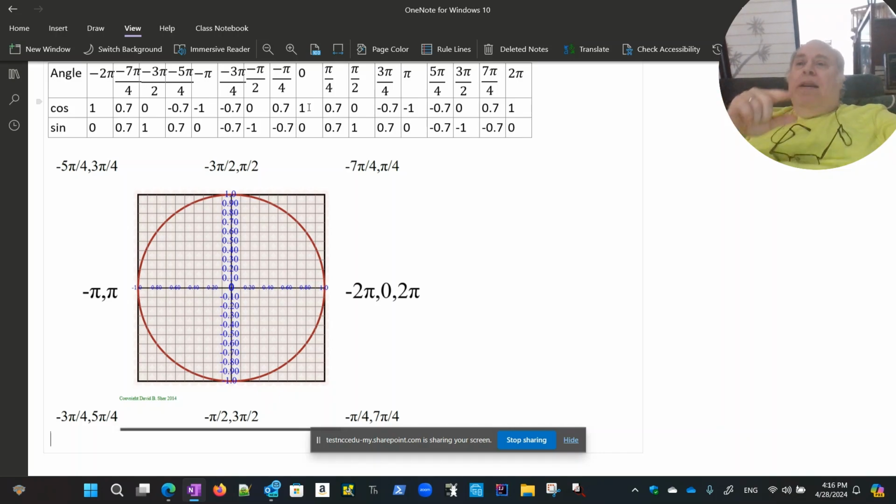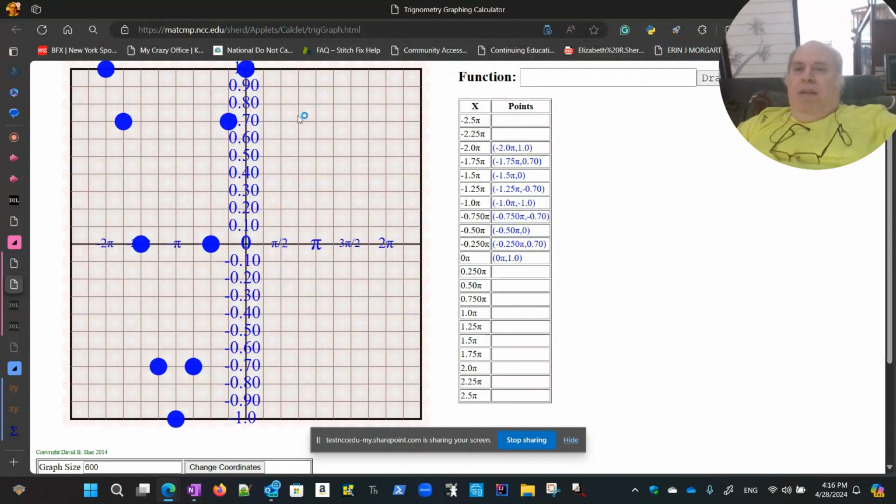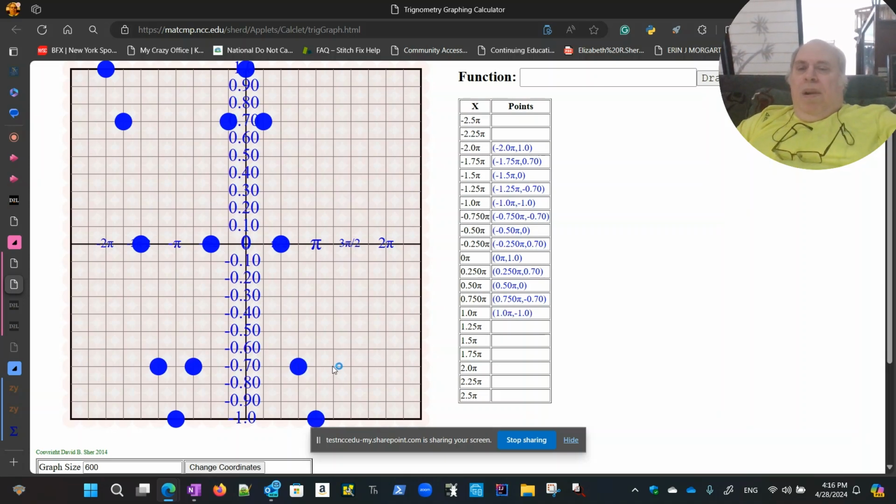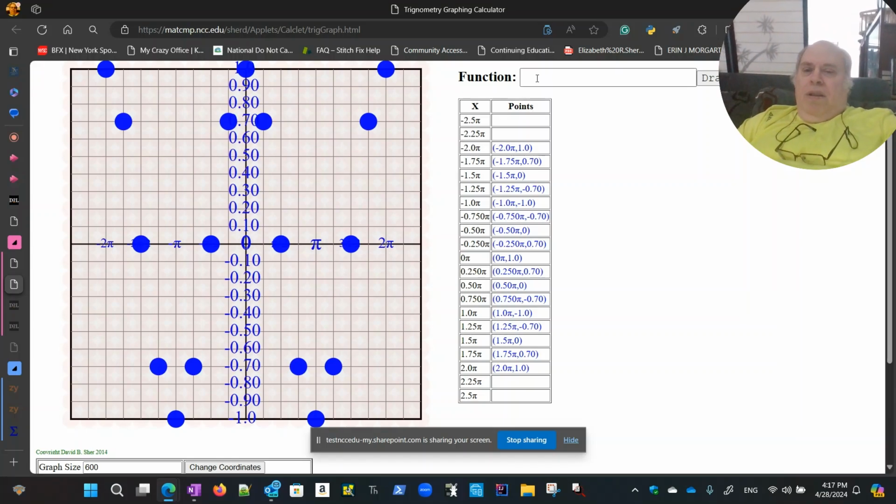You end up back where you started. Then we do the same thing all over again. Go down to 0.7, down to 0, to -0.7, to -1, and back to -0.7. We're back on the right side of the circle now with 0. Actually, we're in the middle of the circle, but now we go to the right side and back here, and that is another round of the circle.